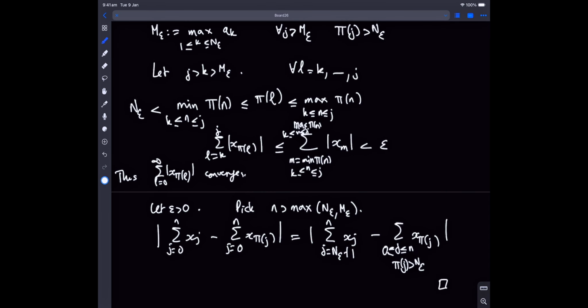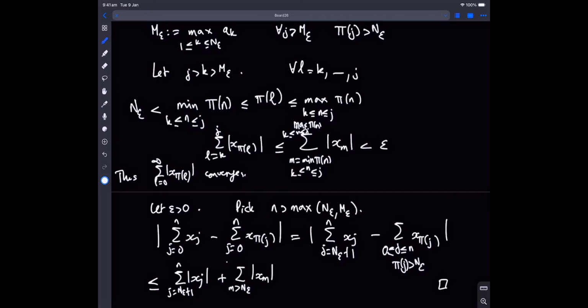Okay, let's estimate this using the triangle inequality. When I look at the first sum, it's smaller than the sum of the absolute values of x_j, when j runs from N_epsilon plus 1 to little n. And when I look at the second sum, well, I have a whole lot of elements in there. Let's call them x_m, but the m has to stay above N_epsilon, and there's finitely many of them.